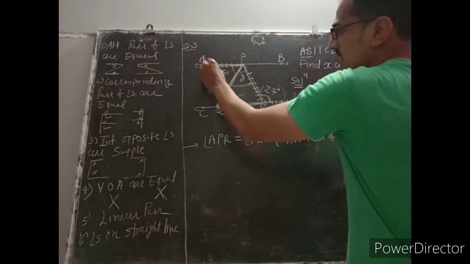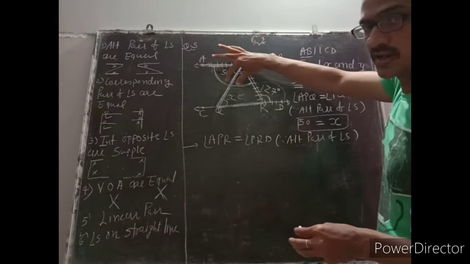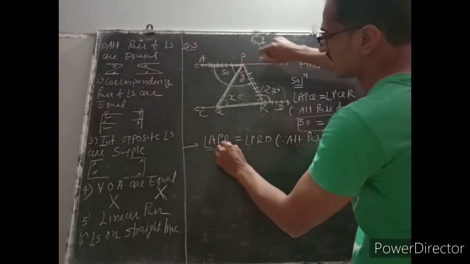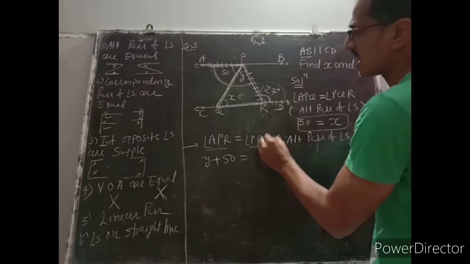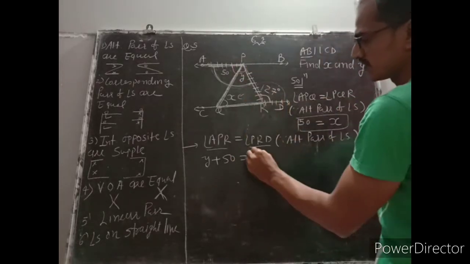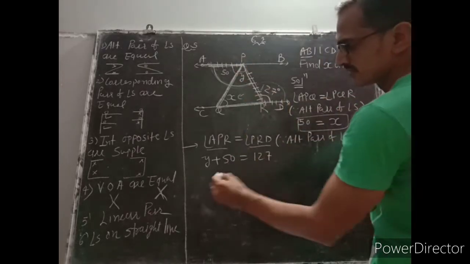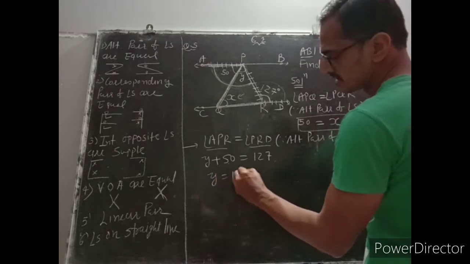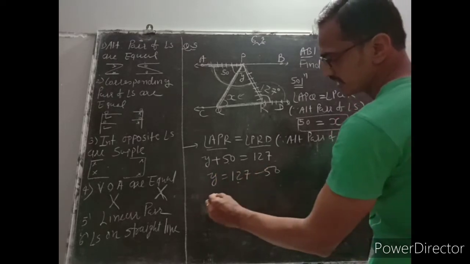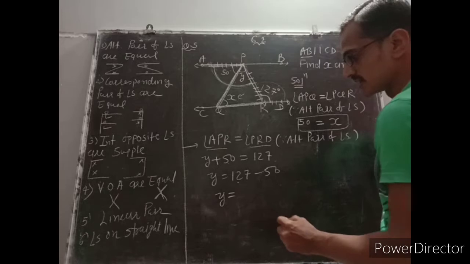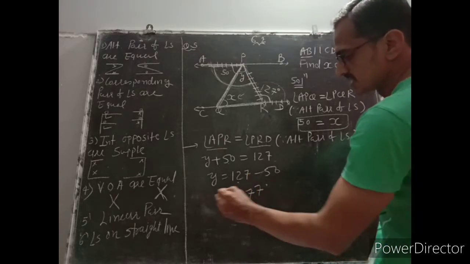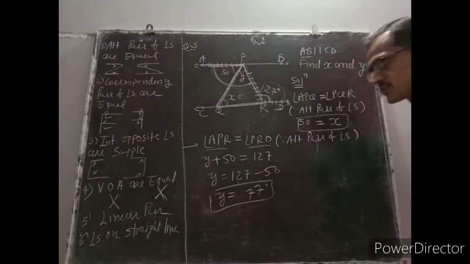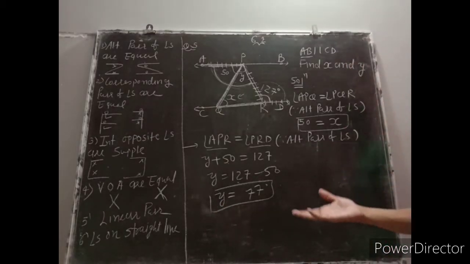But this whole angle is the sum of these two angles. So instead of the whole angle APR I can write Y plus 50, and PRD is 127. Shifting this 50 to the right-hand side, we get 127 minus 50. So Y is going to be 77 degrees. So here we have both values, x and y. Solved. Go through it.